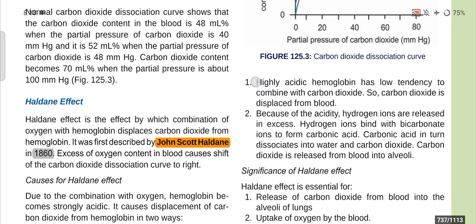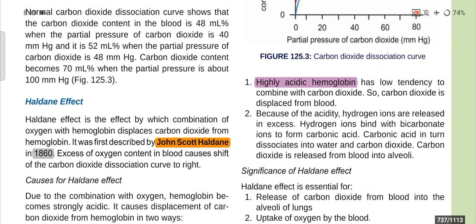So what is the first reason? That is highly acidic hemoglobin, which has a low tendency to combine with carbon dioxide, and so carbon dioxide is displaced from the blood. Number two, because of the acidity, hydrogen ions are released in excess, and hydrogen ions bind with the bicarbonate ion to form carbonic acid, and carbonic acid in turn dissociates into water and carbon dioxide.